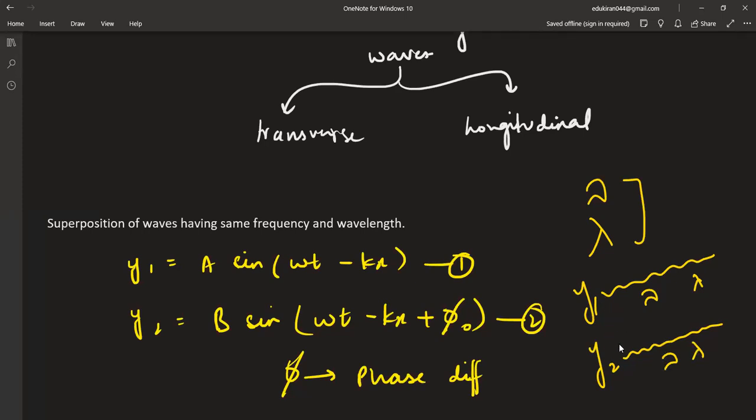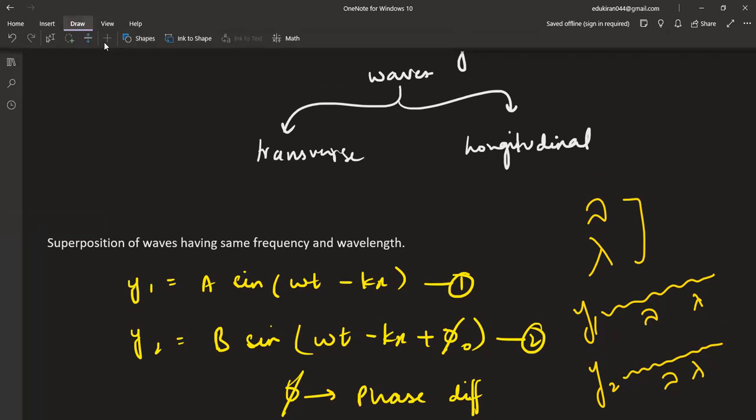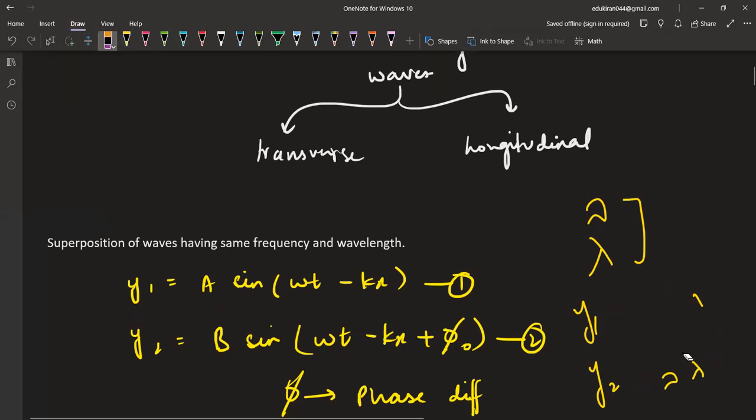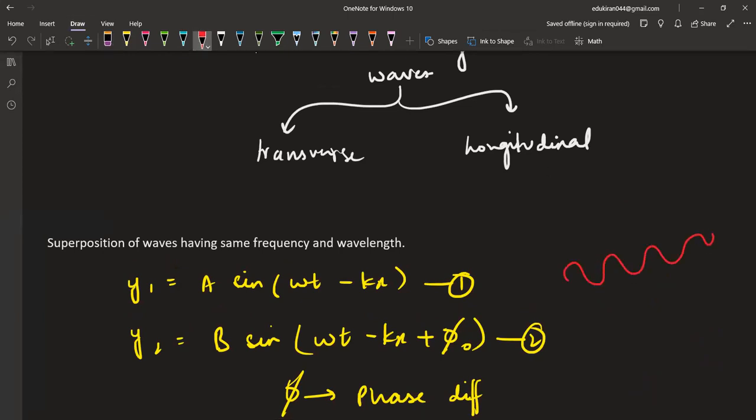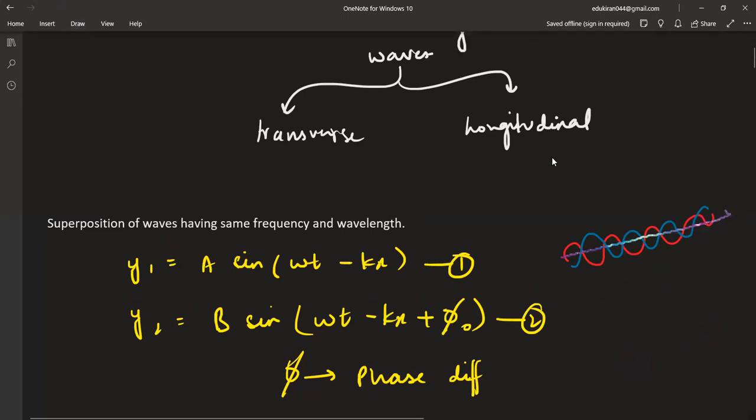Now when y1 is kept on y2, suppose this is y1, this is y2. The new wave that has been formed is the interference of the waves. This is what we call interference.